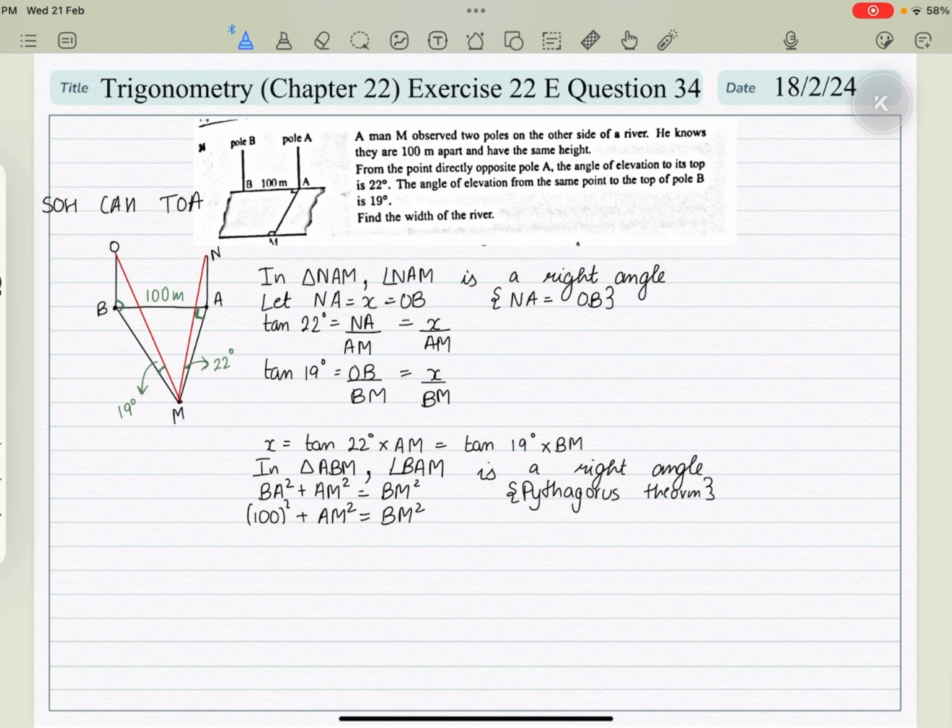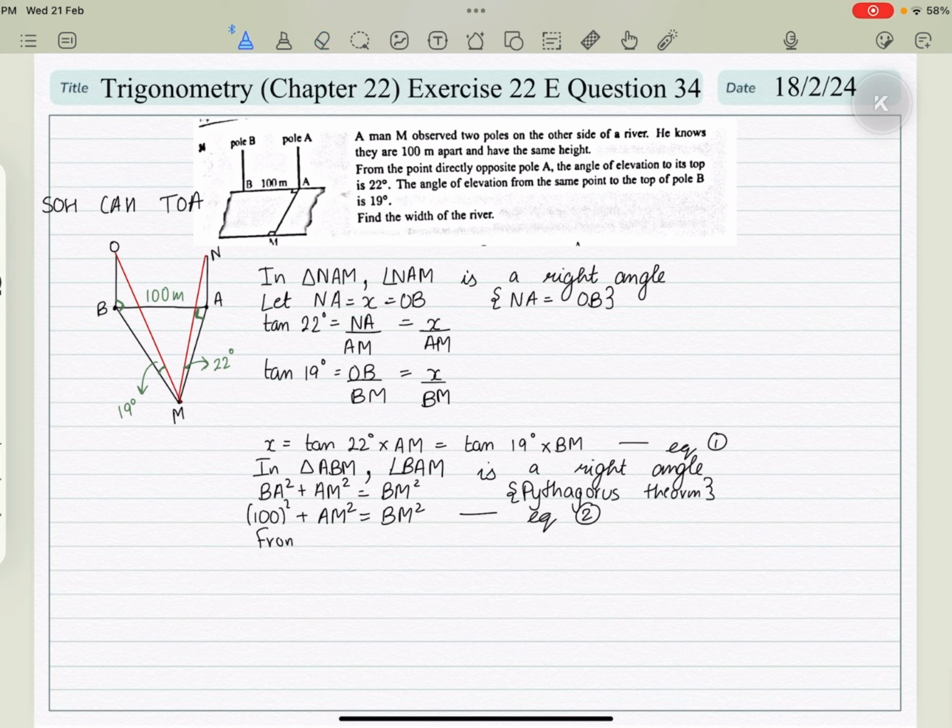Now if you look closely, we have a relationship between AM and BM over here, so we can name this equation 1, and we can name this equation 2. We have a relationship between AM and BM here and here, but the difference is that this is square and this is not, so we can convert this equation into square.